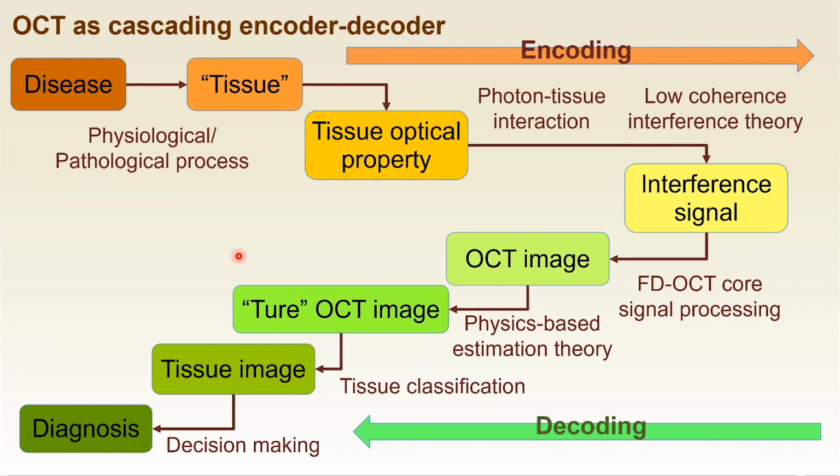But by observing what the OCT is measuring, the starting point is the disease. There is a disease, and it results in a tissue abnormality, and it alters the tissue optical property. By using the photon-tissue interaction, the interference, we have the interference signal, and we detect it and digitize it. By processing it, we have an OCT image.